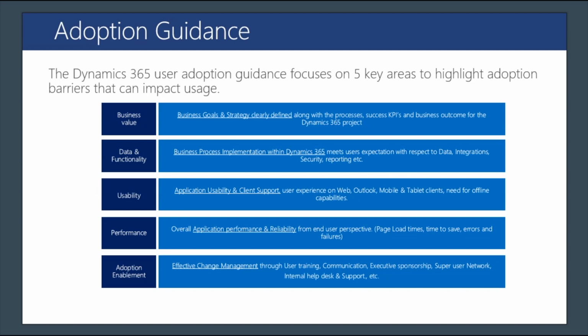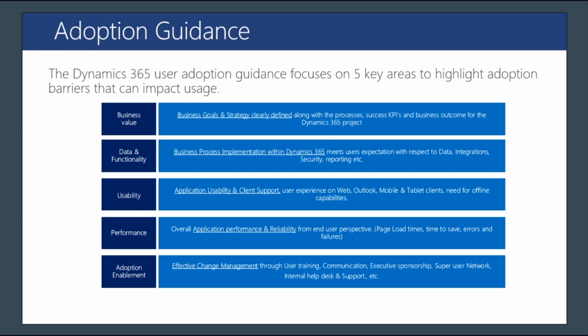So we see that these are the 5 key areas, starting from business, and when I say business value, it's how well you have defined your initial goal of implementing Dynamics 365, your KPIs, success metrics, etc. That definition is, I would say, very, very foundational, because all your adoption goals and everything else is going to tie into that.